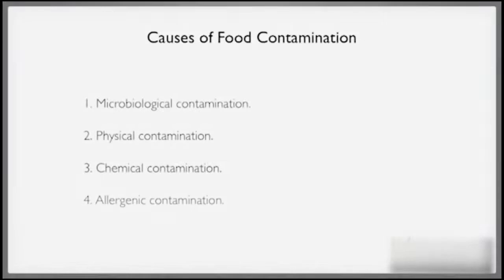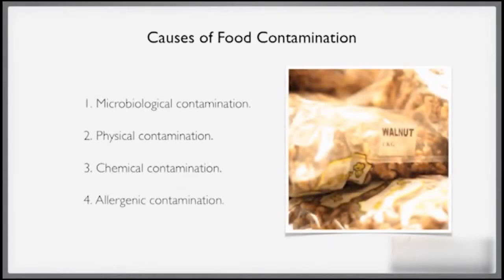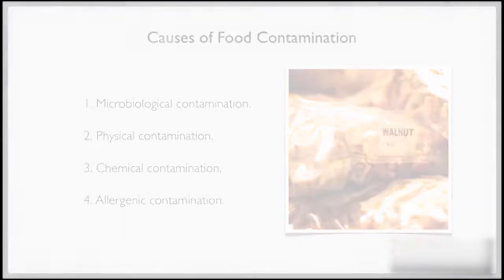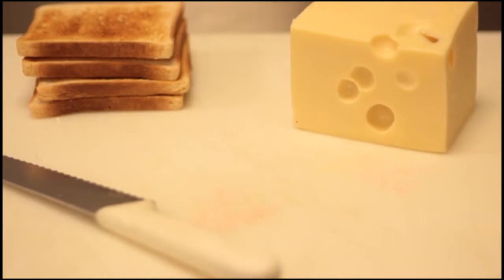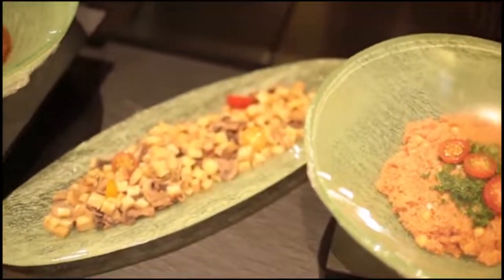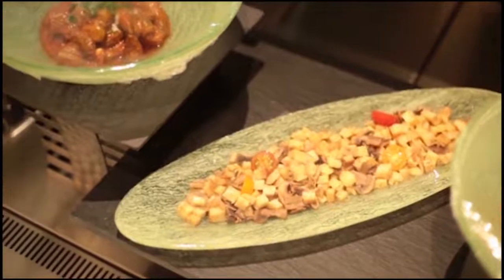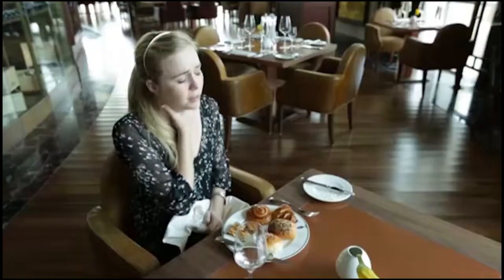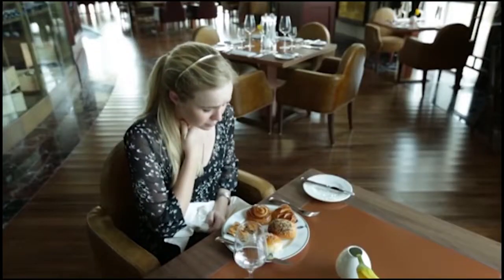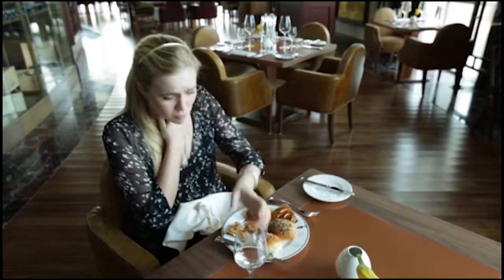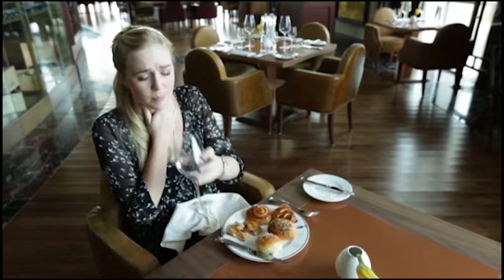Finally, we have allergenic contamination. You will see from the name allergenic that this type of contamination refers to when someone eats or drinks an ingredient to which they are allergic. In other words, while there are some foods that are not harmful to most people, certain people are allergic to them, and they can cause these people to become very ill or even die.